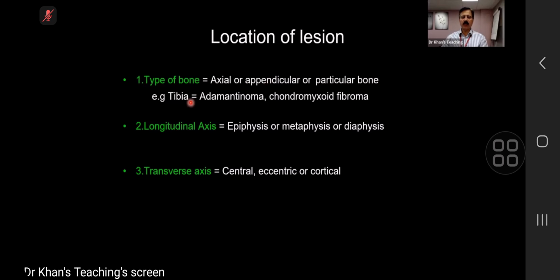For example, in tibia, you might have adamantinoma or chondromyxoid fibroma. But this concept is absolutely critical, the most important. What is the location of the lesion within the long bone in a longitudinal axis versus a transverse axis? In a longitudinal axis it means epiphysis, metaphysis, or diaphysis. And in a transverse axis, it is central, eccentric, or cortical.